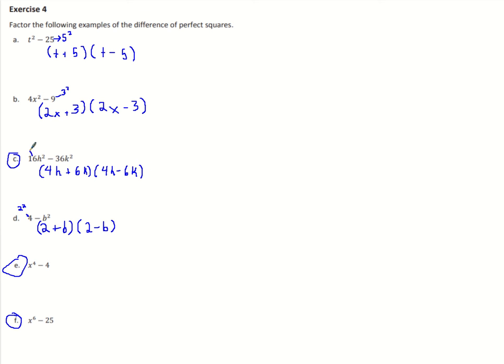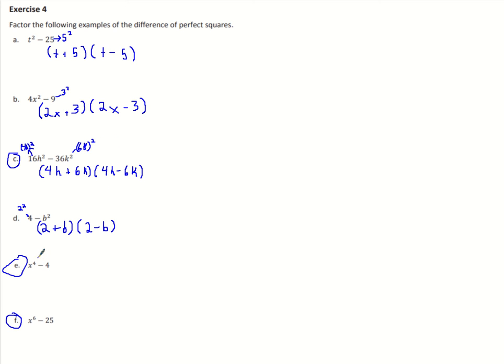Because 16 goes to 4 and h squared goes to h, so that's 4h. The 36 goes to 6 and the k squared goes to k, so that's 6k.